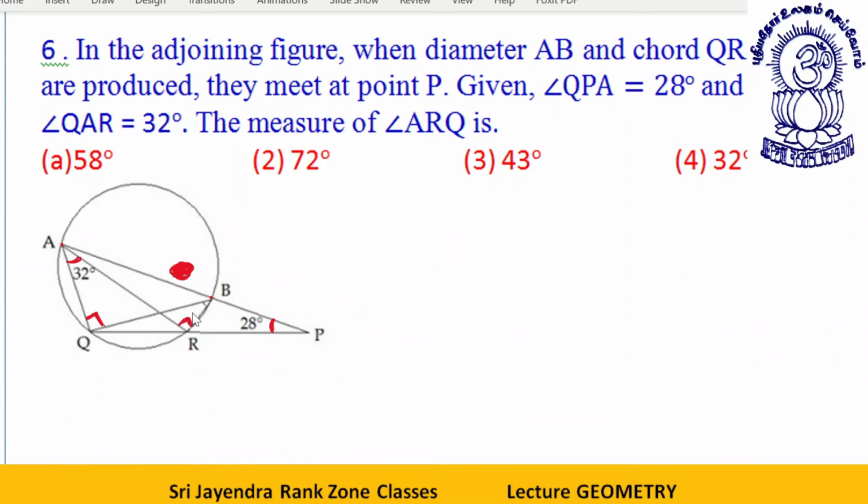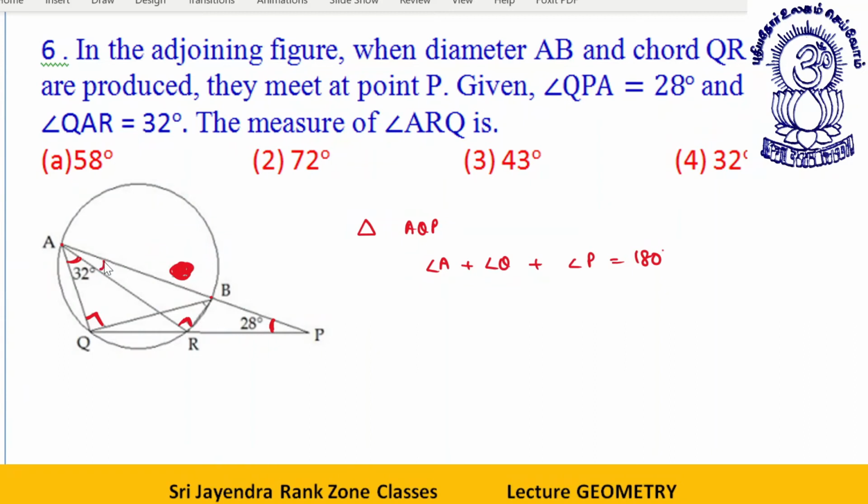Now, my dear students, how will we do it? You have to determine ARQ. We will come to ARQ, but first let's get whatever we can retrieve easily. Let's talk about the biggest triangle, triangle AQP. Angle A plus angle Q plus angle P will be equal to 180 degrees. What is angle A?